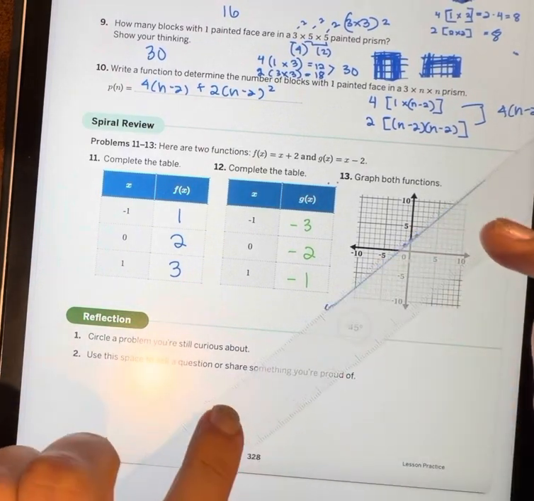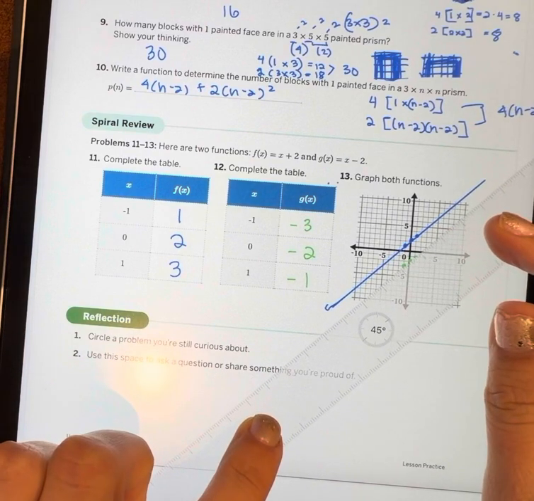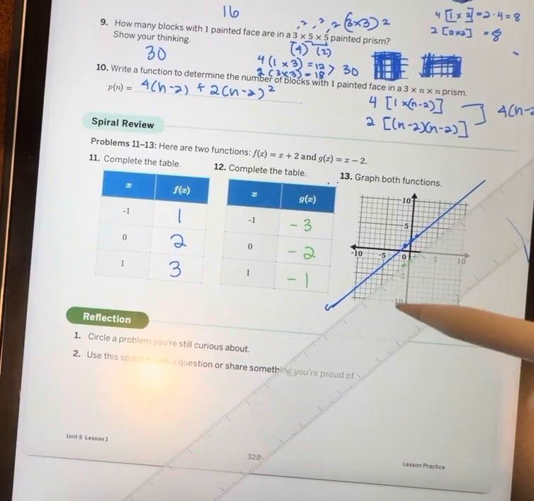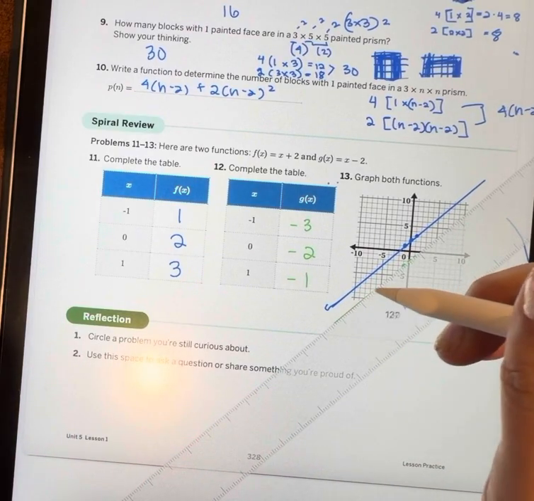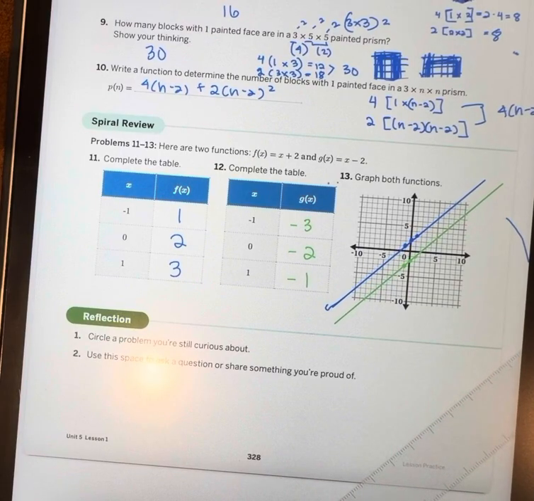Oh, man. Okay. And I don't know that this was the best example, but it's not a bad example.